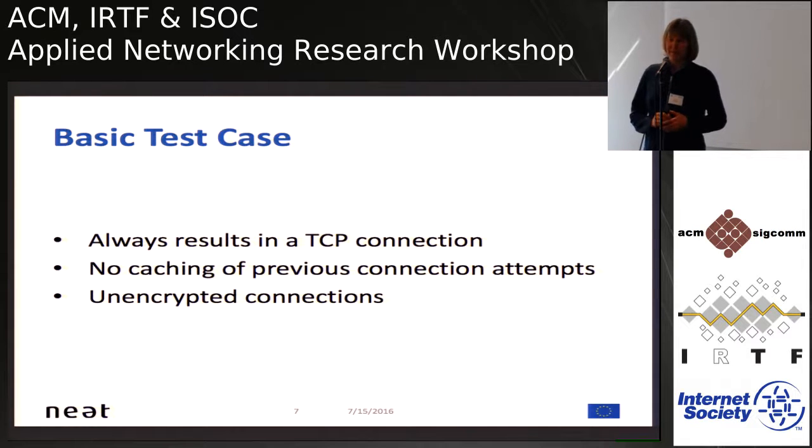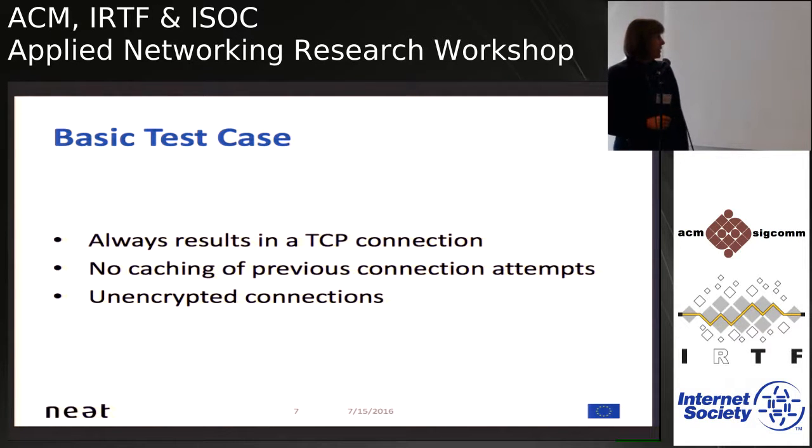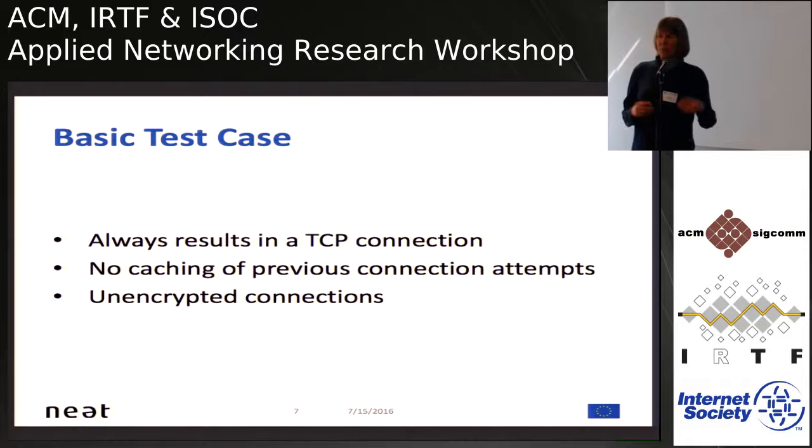The very first basic test case scenario is one where we use no caching, so we don't learn anything from our previous connection attempt. Every time we start a new connection, we will start both a TCP and an SCTP connection, and all the connections are unencrypted. And in this case, TCP is the one that always gets selected.